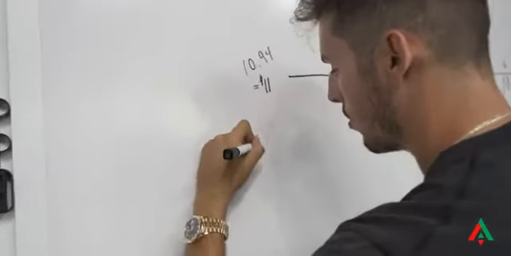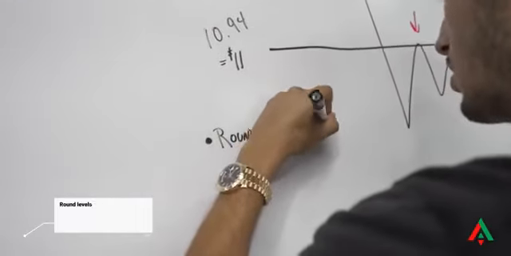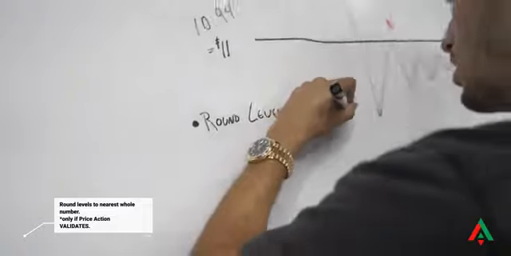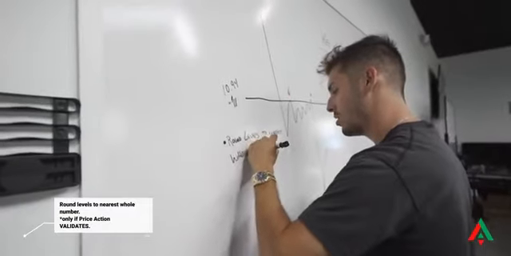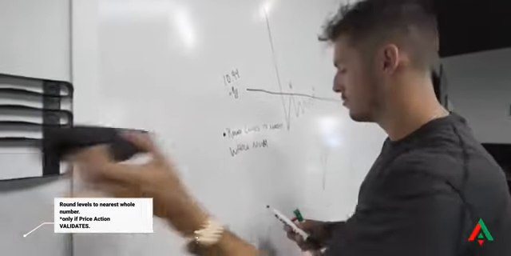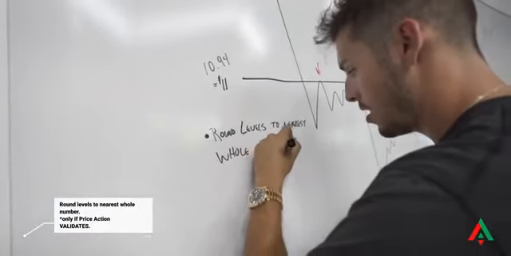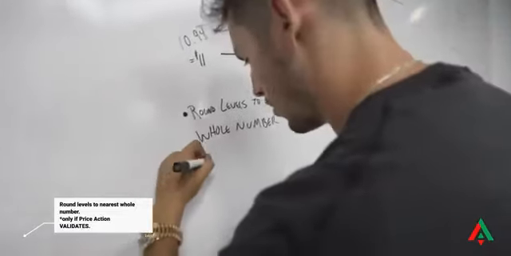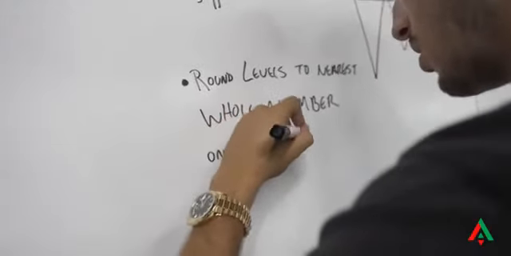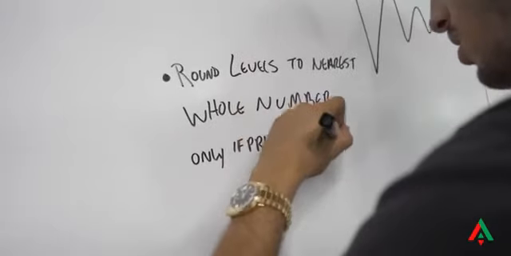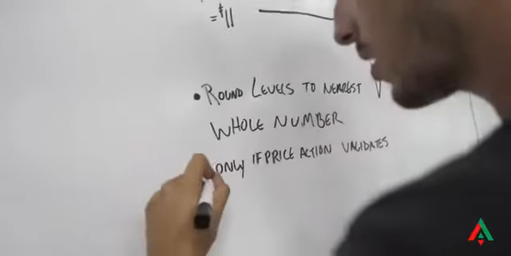So, round levels to nearest whole number, only if price validates. And I'll explain what that means in a second.